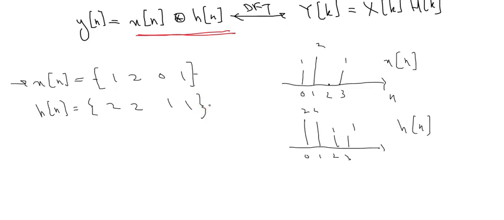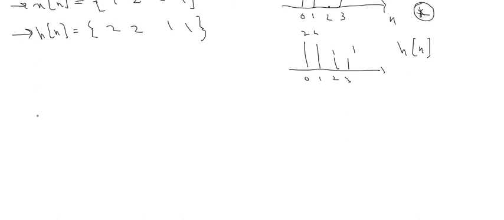Now our task is to circularly convolve these two signals. It is relatively very easy to circularly convolve these two signals. What you have to do is write the values of samples of both signals in this form and start multiplying.